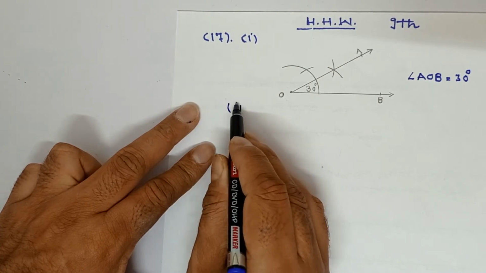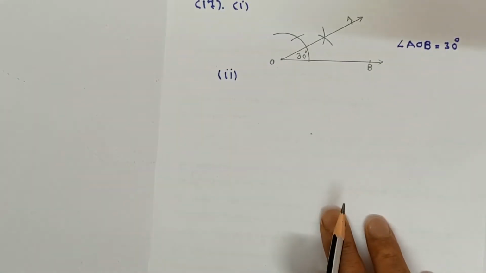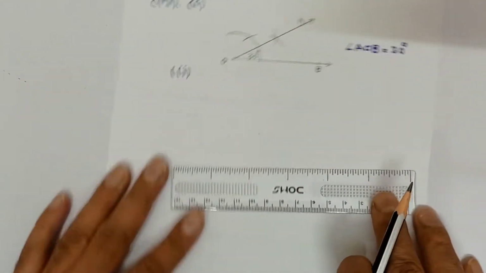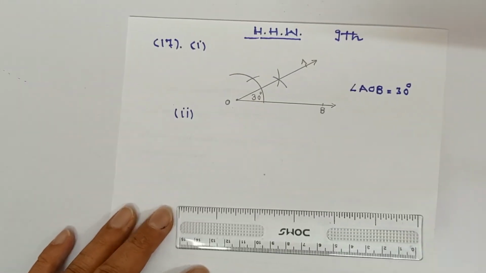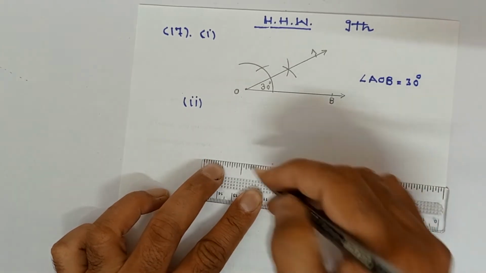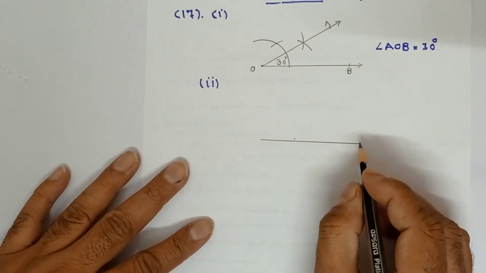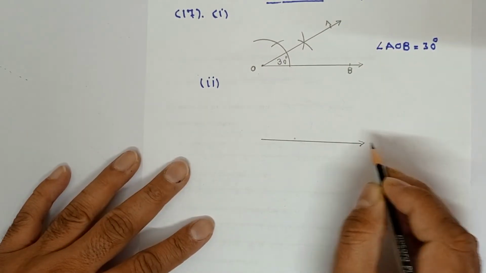Part number second. In part number second, it is asked to draw a 45-degree angle. So let's draw a 45-degree angle with the help of compass, scale, everything. So keep the scale this way. You have taken a ray.